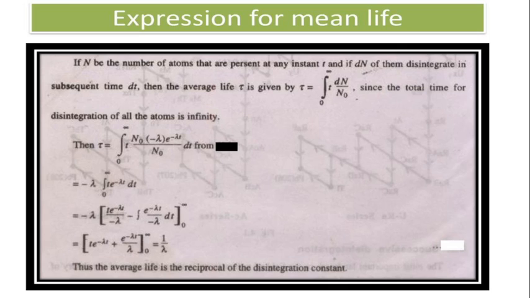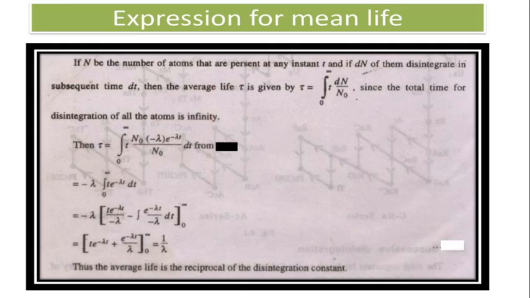I repeat, the mean lifetime or average lifetime of a radioactive sample is defined as the average time the nucleus survives before it decays, which can be calculated by taking the total time of all the nuclei initially present, dividing it by the total number of nuclei.